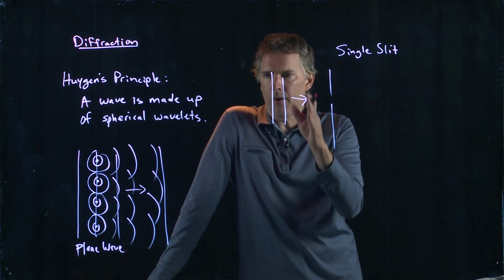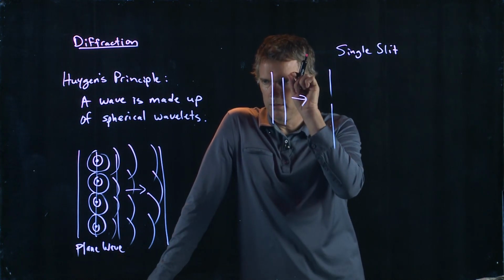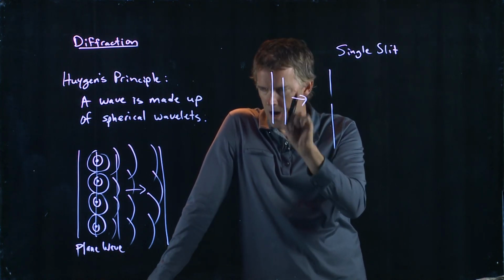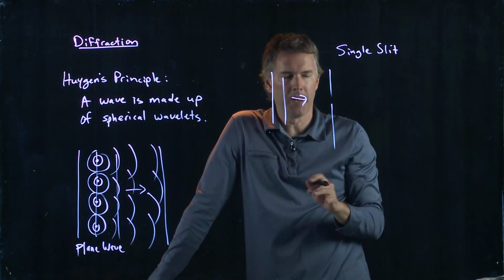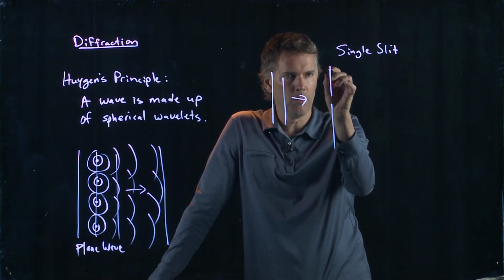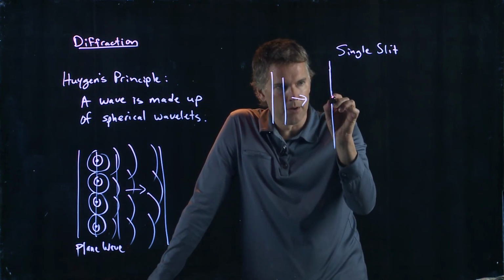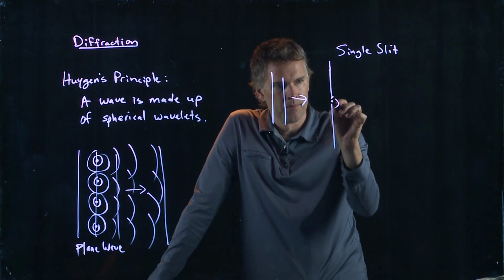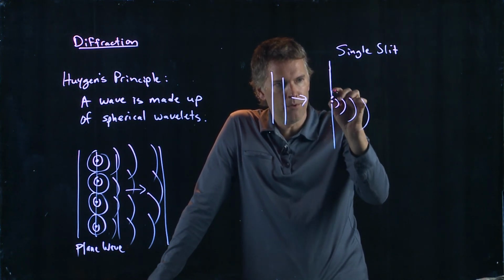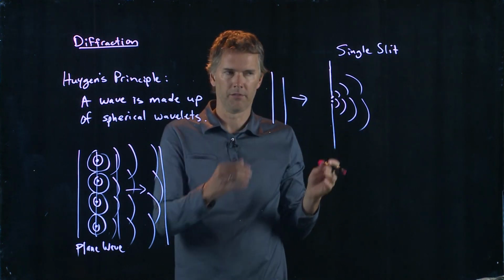And if every part of that plane wave is really made up of little spherical wavelet oscillators that are going to spit out these wavelets, then by putting it through this little hole, I'm really just going to isolate a couple of those. And both of those are going to emit spherical wavelets.